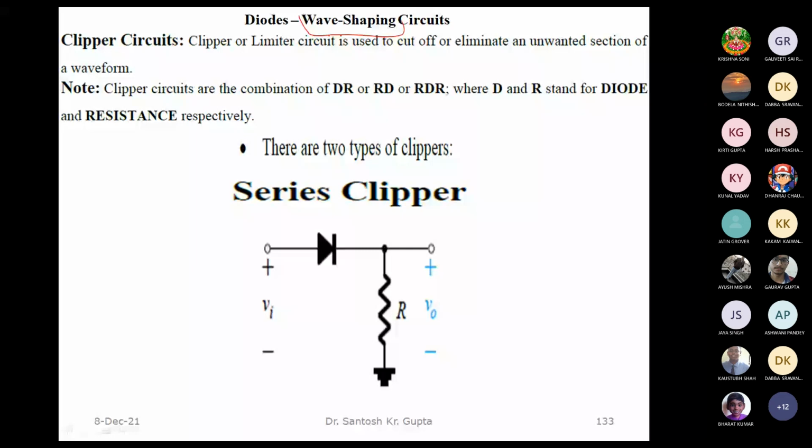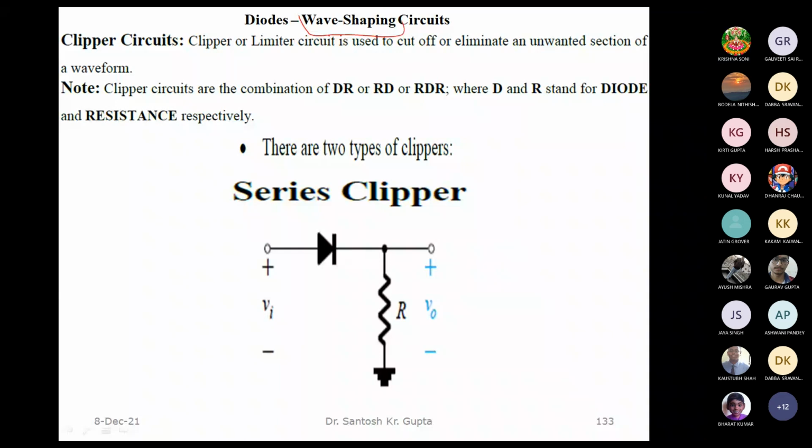Sometimes there could be applications in which we need a particular level of the voltages at the output, not beyond that. So how to achieve those things? For a particular time period, we will need the output and not for the others.